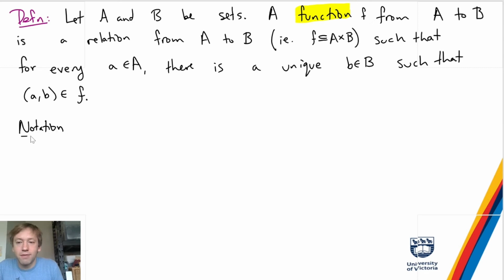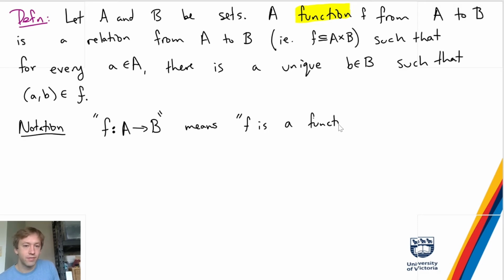If f is a function from A to B, we write f colon A arrow B. Translating this into plain English, this means that little f is a function from A to B.